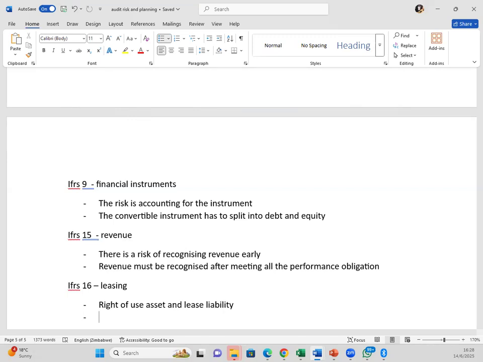So the problem, number one, can be a result of failure to account for the right of use asset. Or number two, this right of use asset must be depreciated, so the problem could be failure to record the depreciation of the right of use asset.